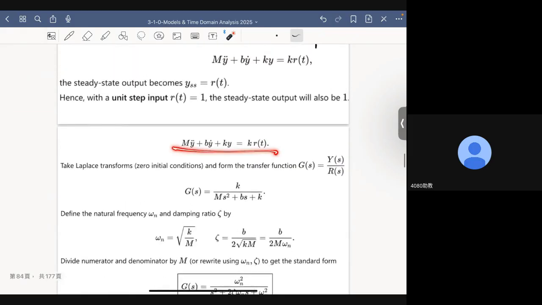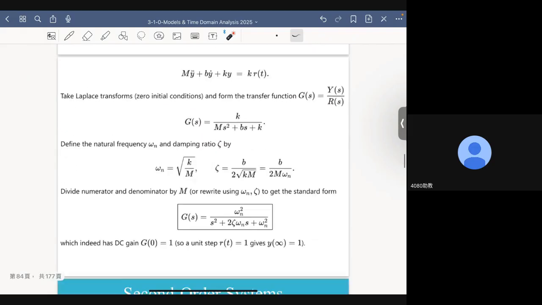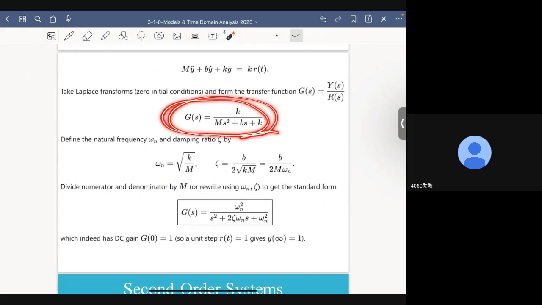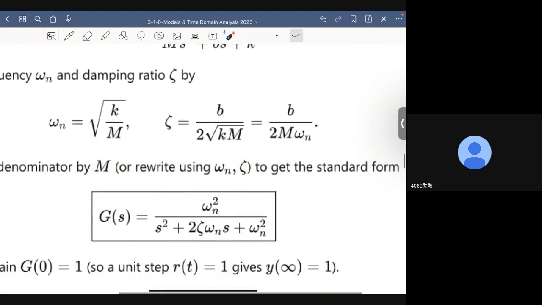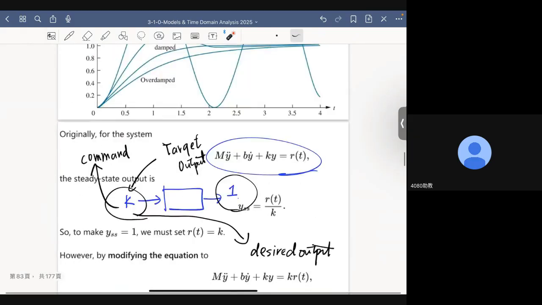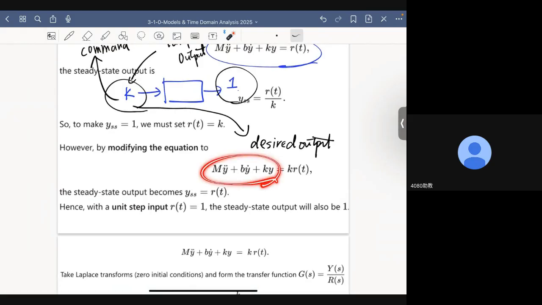Now, if this is the governing differential equation of the system, or the so-called equation of motion of our spring mass damper system, then it can be shown that the transfer function will look like this. Again, by using natural frequency and damping ratio, the transfer function can now be rewritten as this. The denominator is exactly the same as before because we didn't make any changes to the differential equation itself, at least not on the left-hand side of the equality.